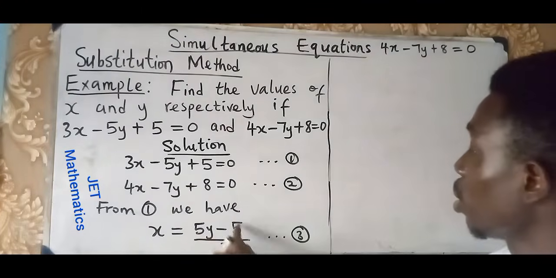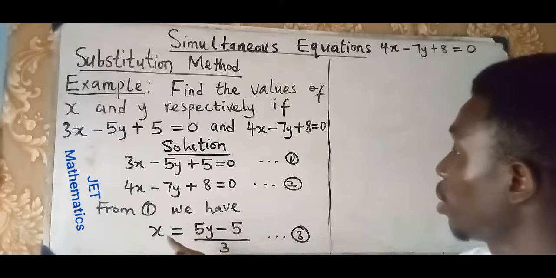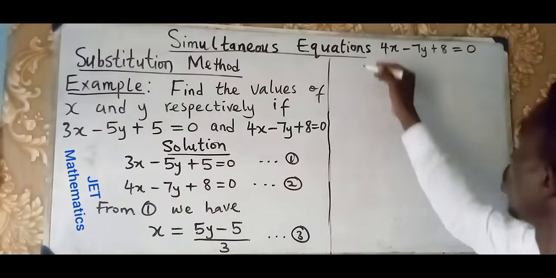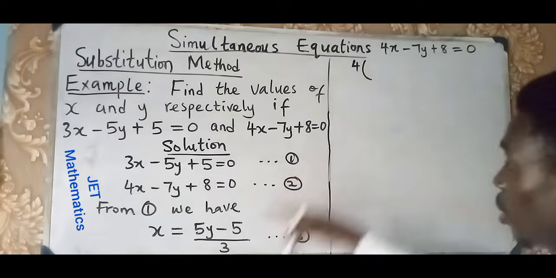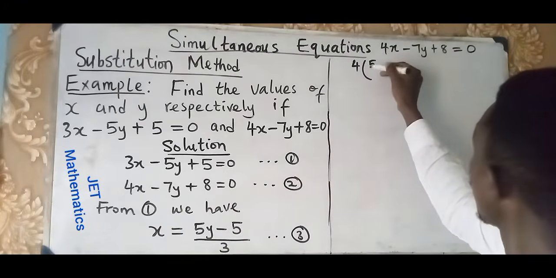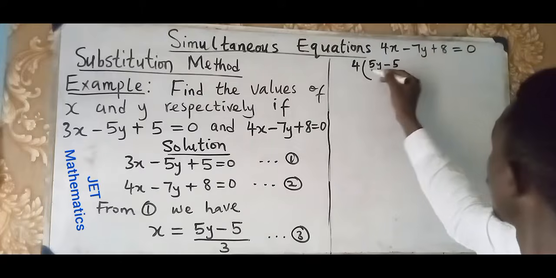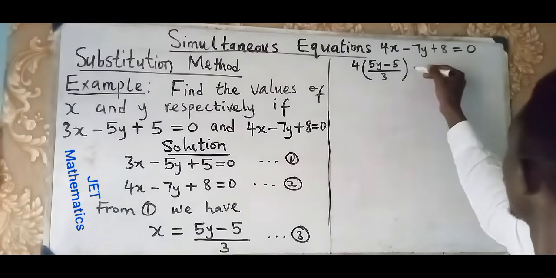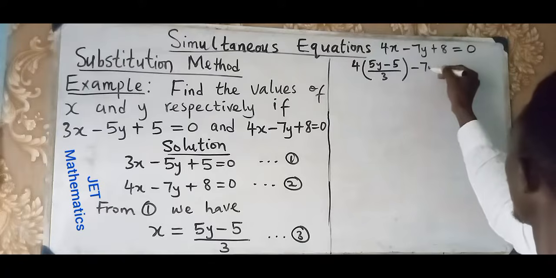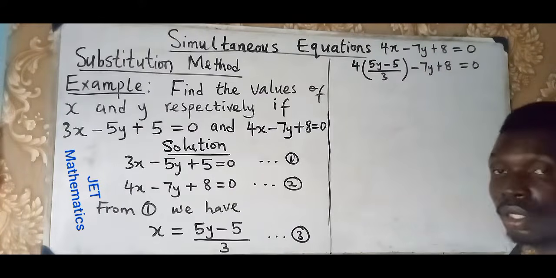So we plug this expression for x into equation 2, so that our equation 2 becomes 4 times 5y minus 5 divided by 3 minus 7y plus 8 is equal to 0.